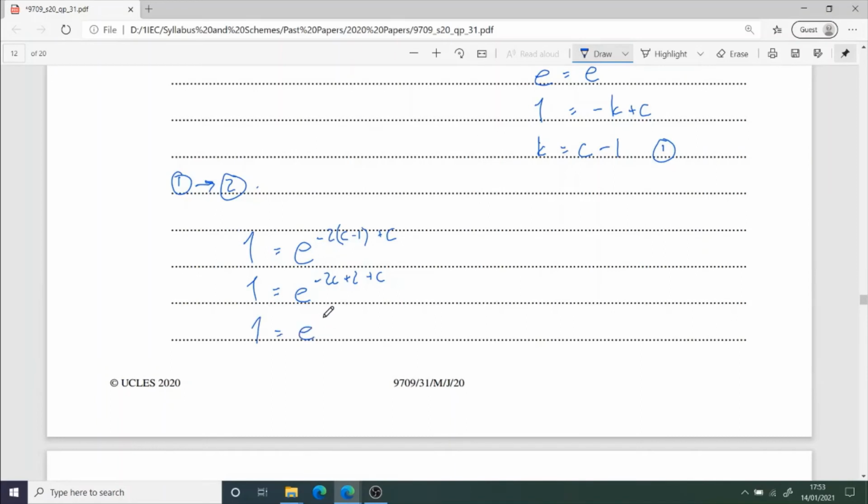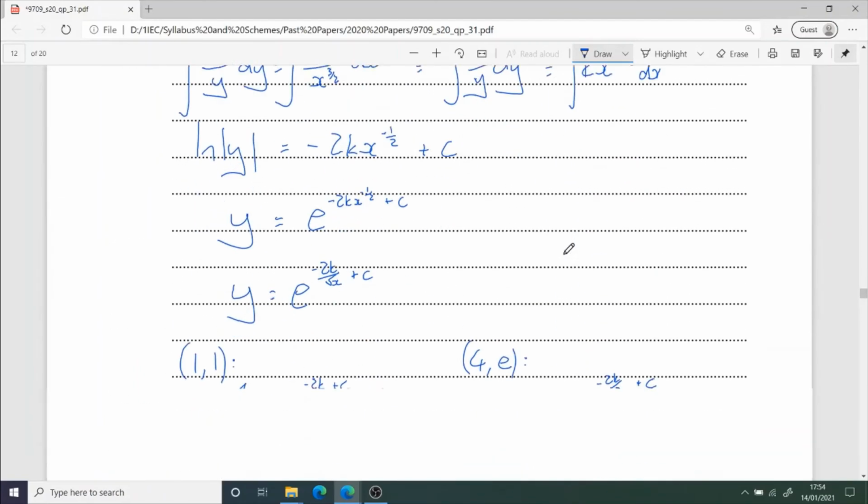So e to the power of minus c plus 2 equals 1, and again we'll take logarithms of both sides. ln 1 is equal to 0, so 0 is equal to minus c plus 2. So we get c is equal to 2. Substitute that back into number 1, k is equal to 2 take away 1, so k is equal to 1.